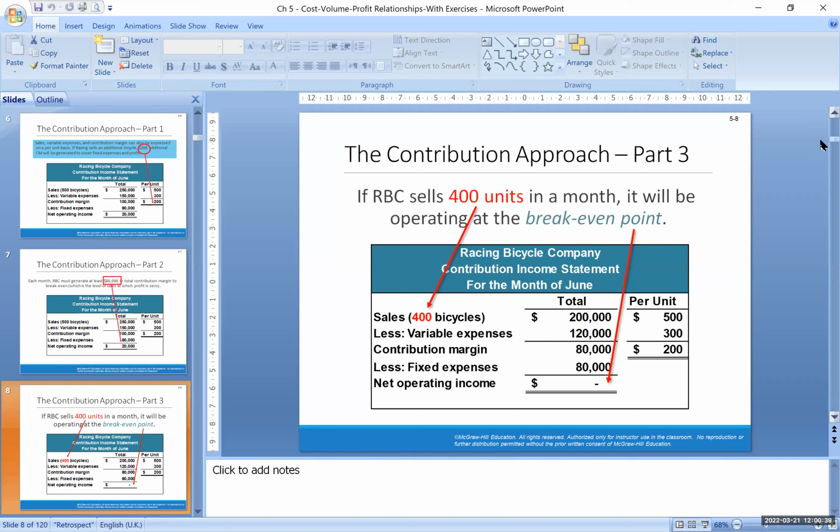Minus the total variable cost, and we are preparing the contribution format income statement.